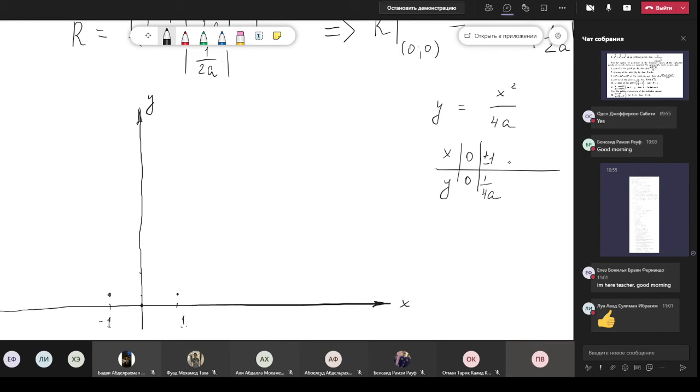Then if x is plus minus 2, it is 1 over a in the denominator.